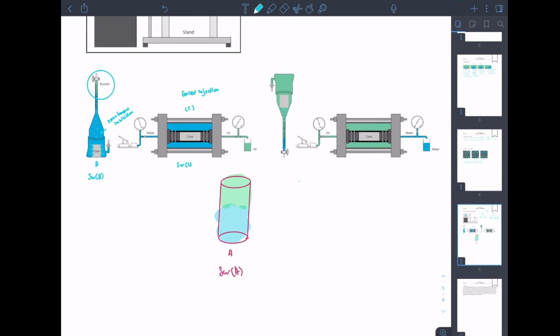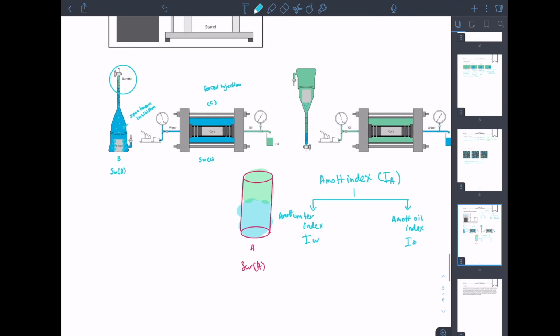For the Amott index, it has the symbol IA, and the Amott index is subdivided into two parts: the Amott water index, which is IW, and the Amott oil index, which is IO.